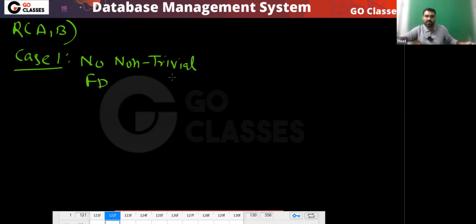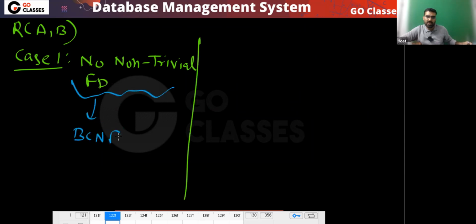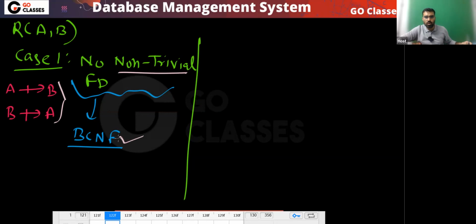In this situation, A does not determine B and B does not determine A. Because you have no non-trivial FD, the relation is automatically in BCNF, as there is no BCNF violation.